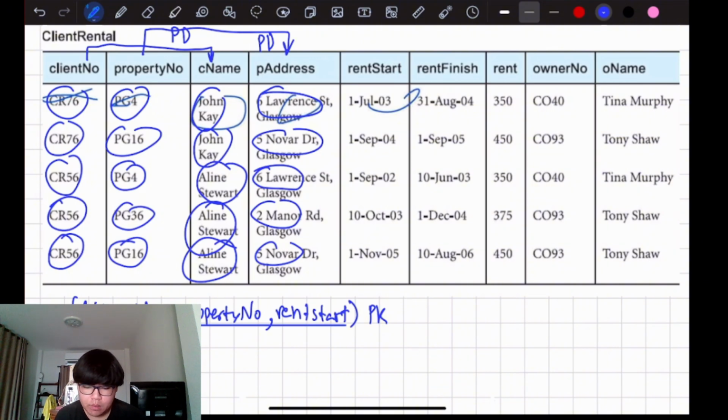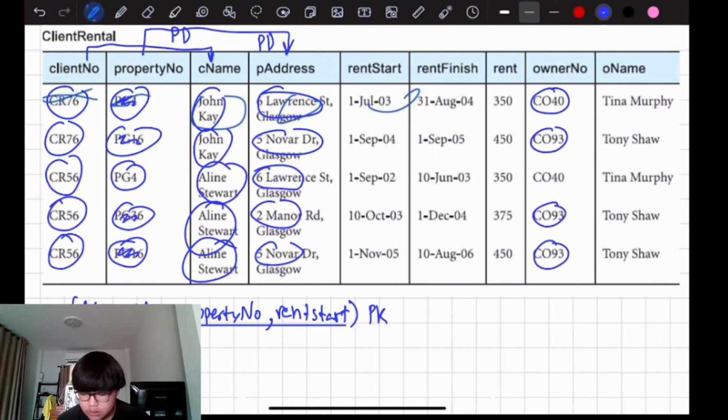But property no can tell owner no. PG4 can tell CO40, PG60 can tell CO90, and PG60 here can tell the same CO90.